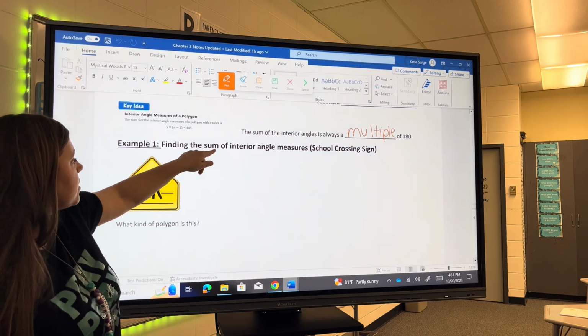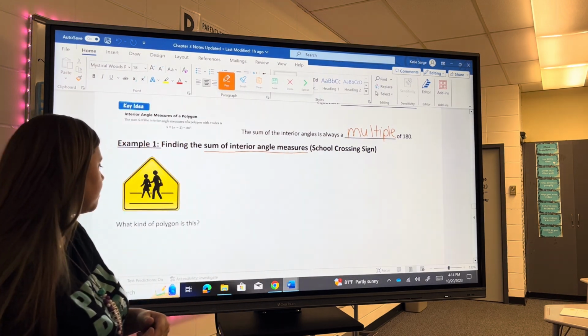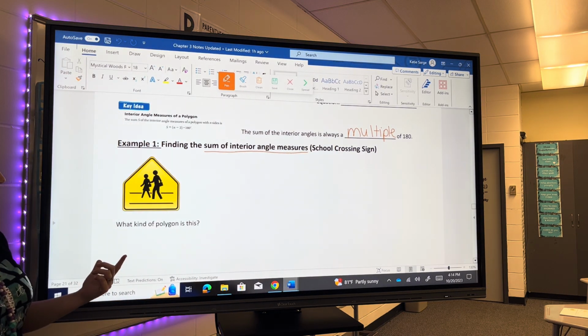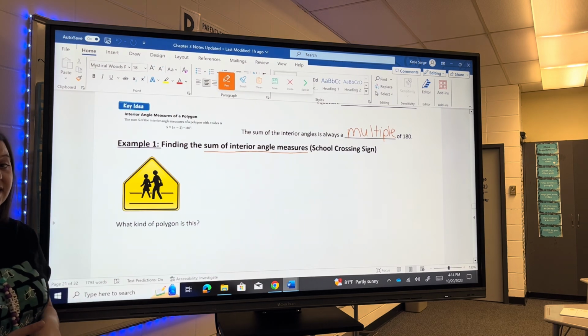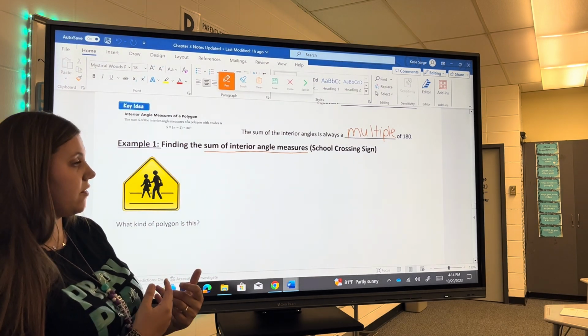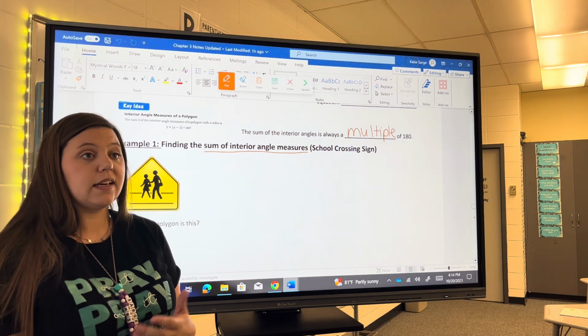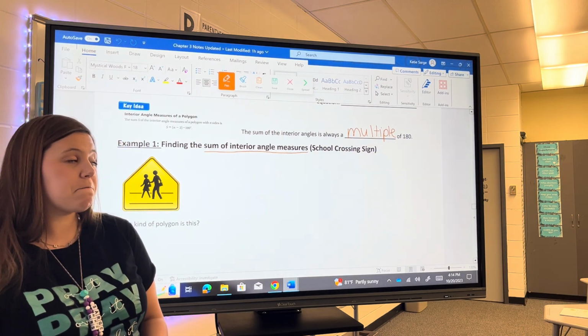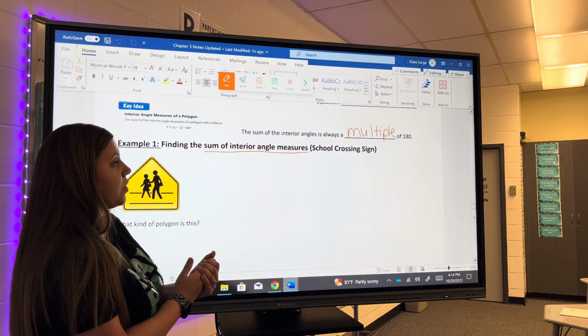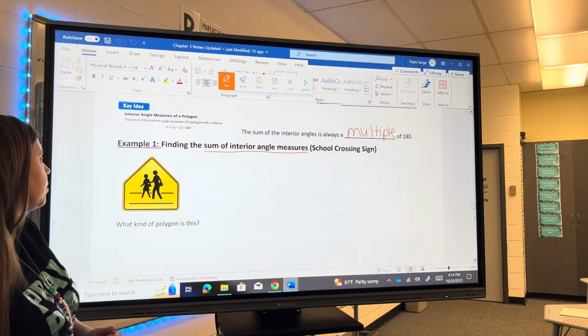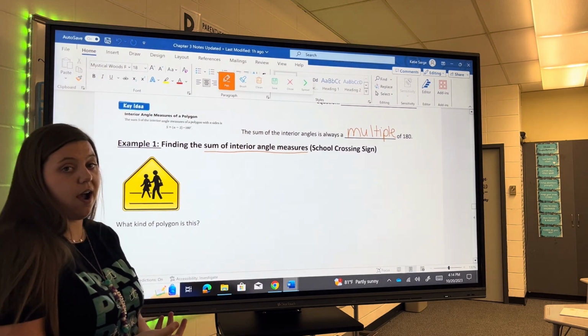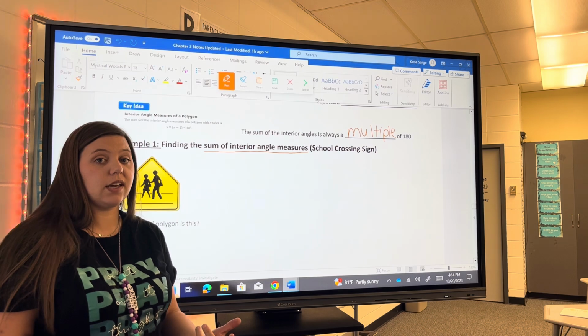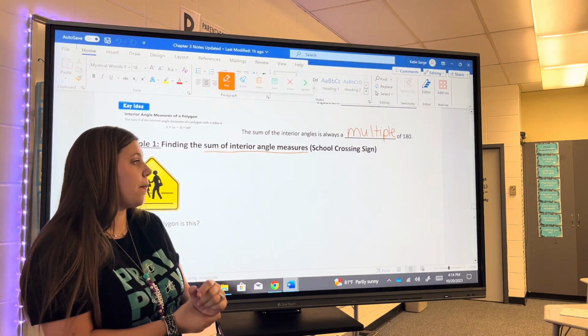So here it says find the sum of the interior angle measures. But first what we want to know is what kind of polygon is this? Now we didn't discuss this at the beginning of the lesson, but all of our polygons have certain names, okay? So a triangle is just a triangle, and tri means 3, which is 3 sides, okay?